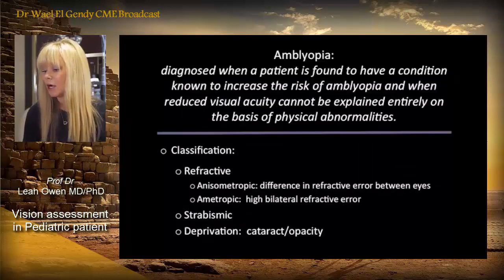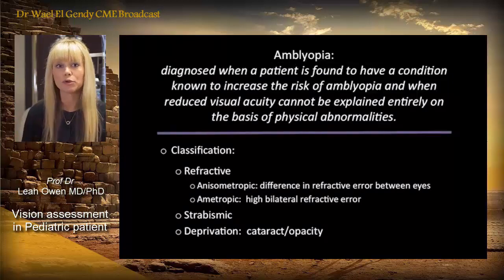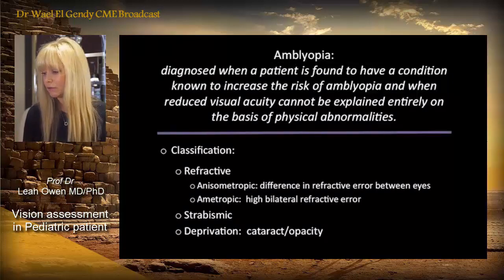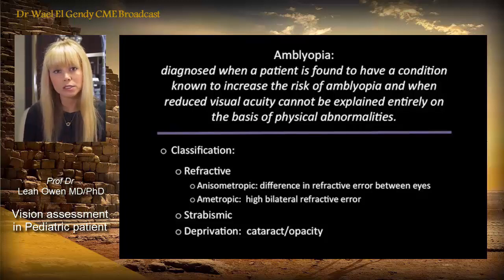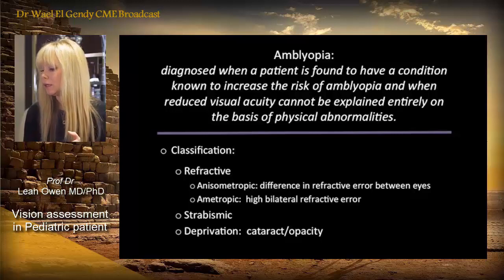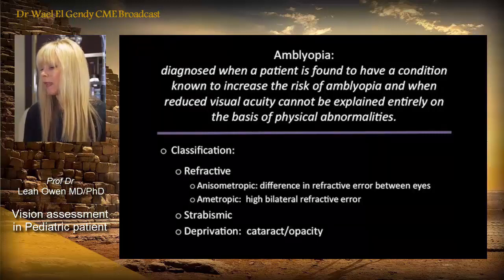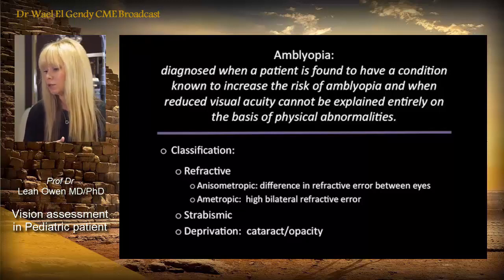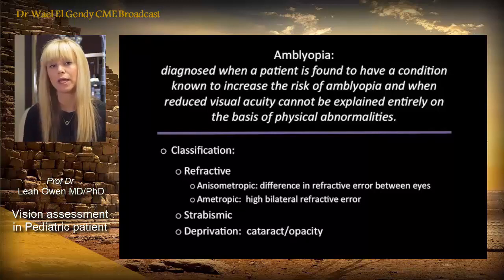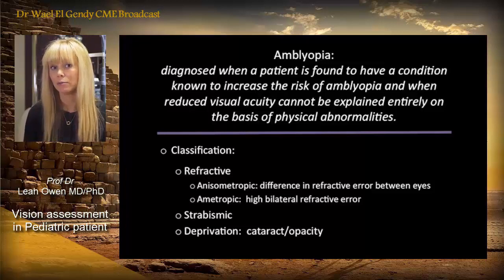And so let's talk about how we can detect it and prevent it and or treat it if it's already developed. So you can see here that the diagnosis of amblyopia is when a patient is found to have a condition known to increase the risk of amblyopia, or an amblyopia risk factor, and when you also see reduced visual acuity that cannot be explained entirely on the basis of an organic condition.